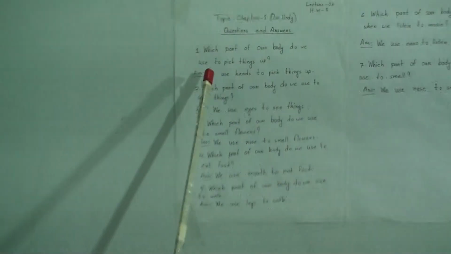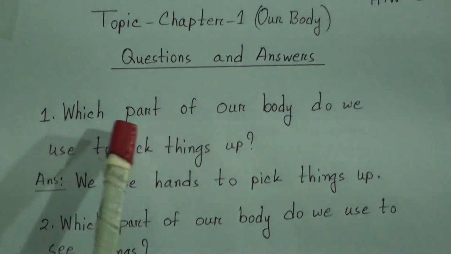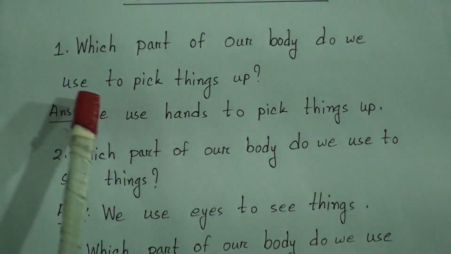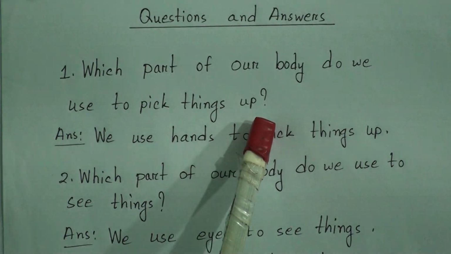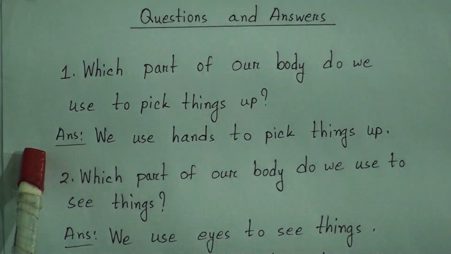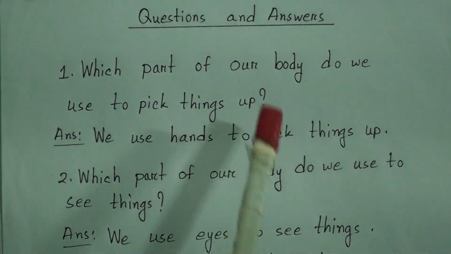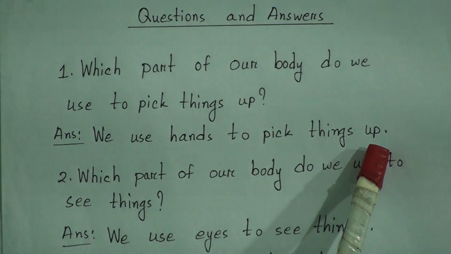Here is the first question. Which part of our body do we use to pick things up? Answer: we use hands to pick things up.